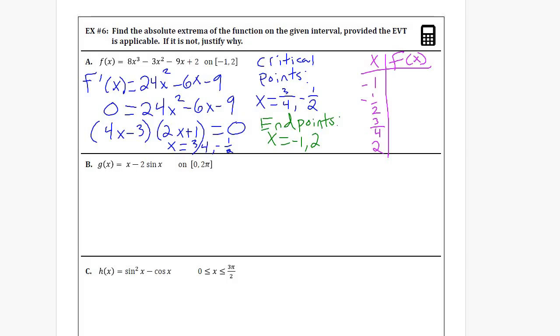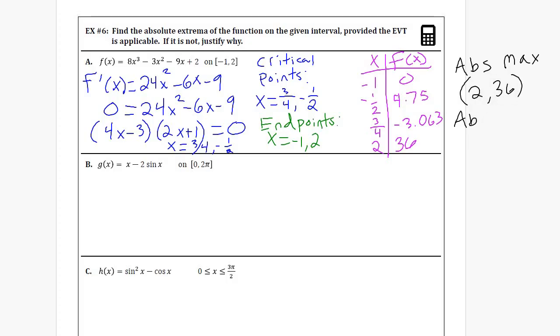So for -1, we have 0. For -1/2, we have 4.75. For 3/4, we have negative 3.063, and at 2, we have 36. So notice that our absolute max is at (2, 36), and our absolute min is at (3/4, -3.06).